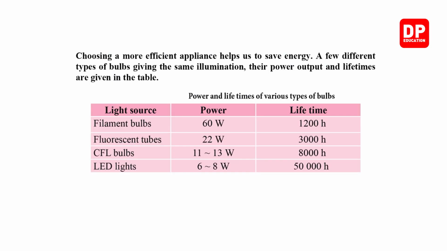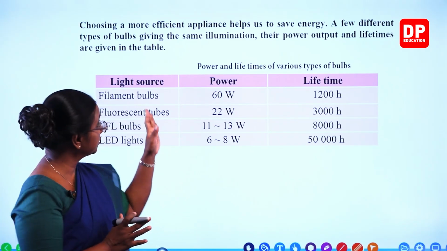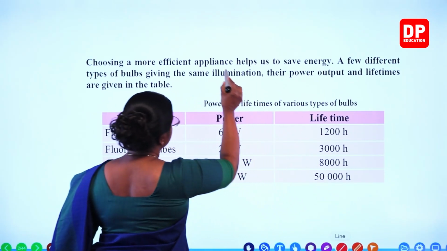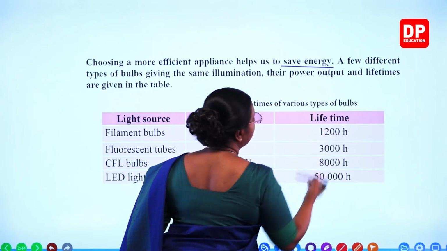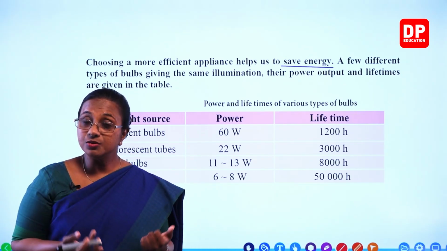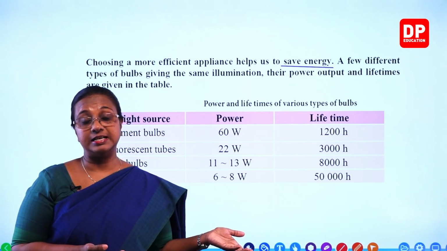So here, choosing a more efficient appliance helps us to save energy. So the main important concept is to save energy. Now why do we need to save energy? Two different purposes. One thing, it's good for us because anyway you need to pay for electricity consumption.